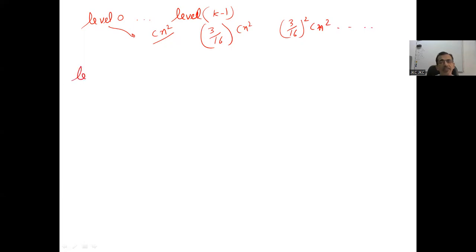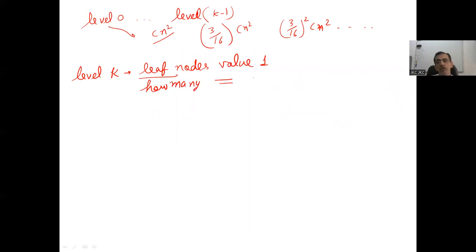And then I say level k has leaf nodes with value 1 each. How many leaf nodes will be there? Accordingly, I will say those many nodes into value 1.